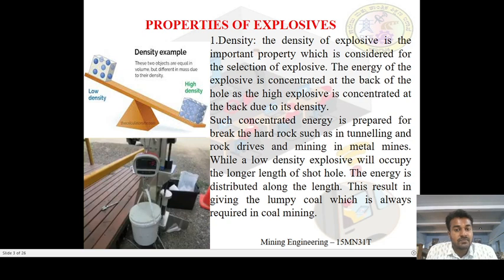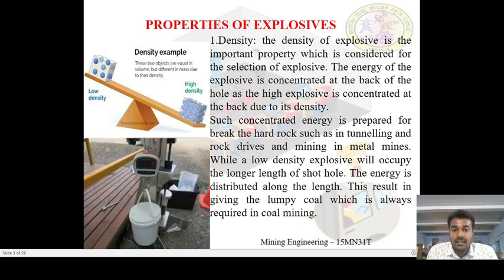And second, an explosive which has a high density could settle at the bottom of a blast hole. The density of an explosive is directly proportional to the strength of the explosive. Here, if the density of an explosive is less, then we could say the explosive is equally distributed in the blast hole.